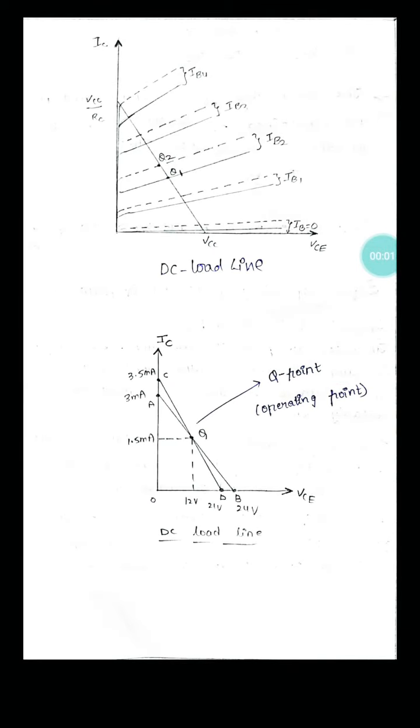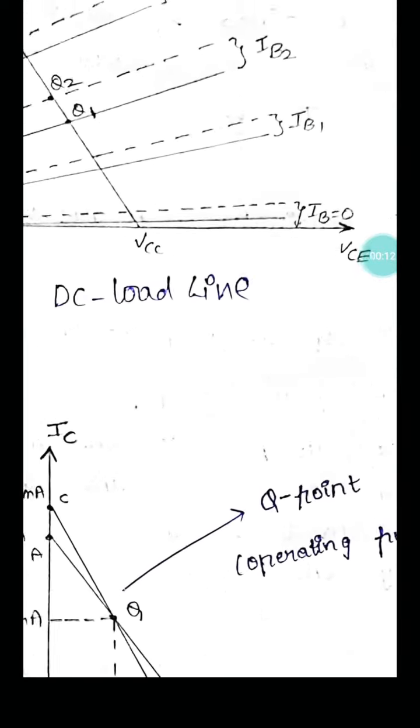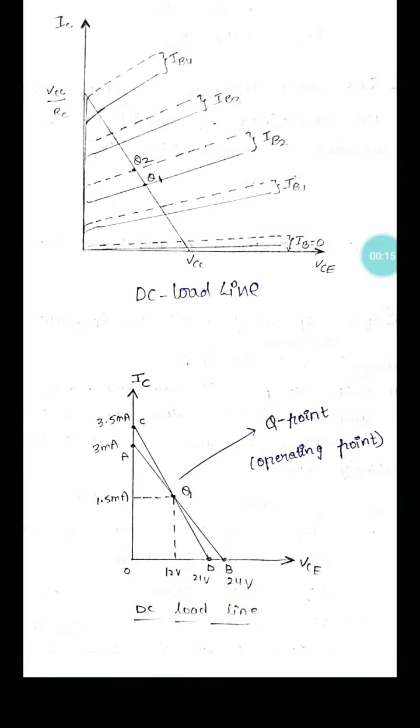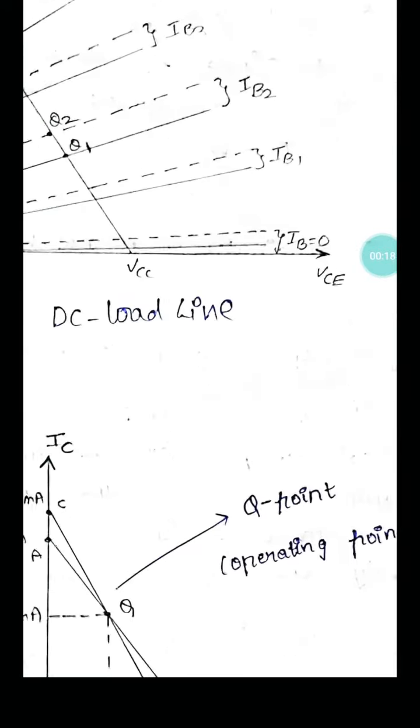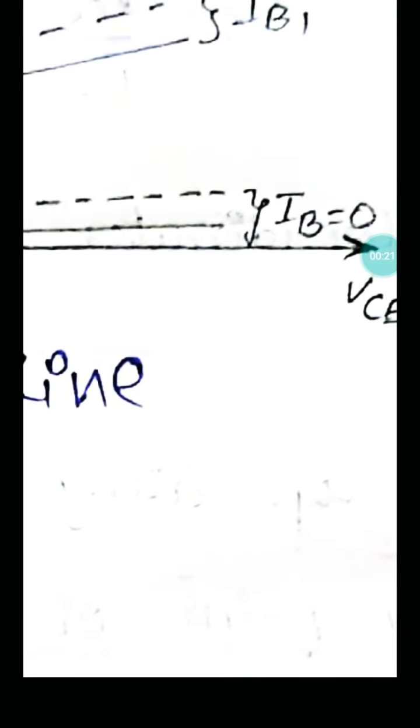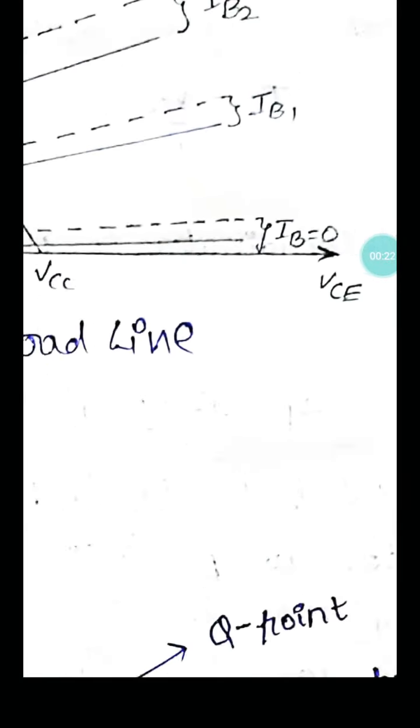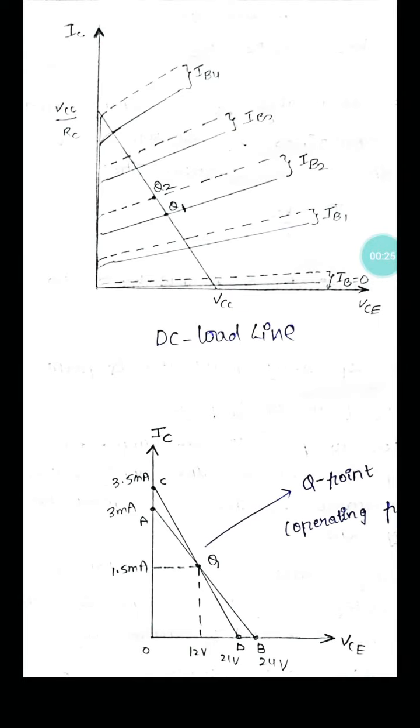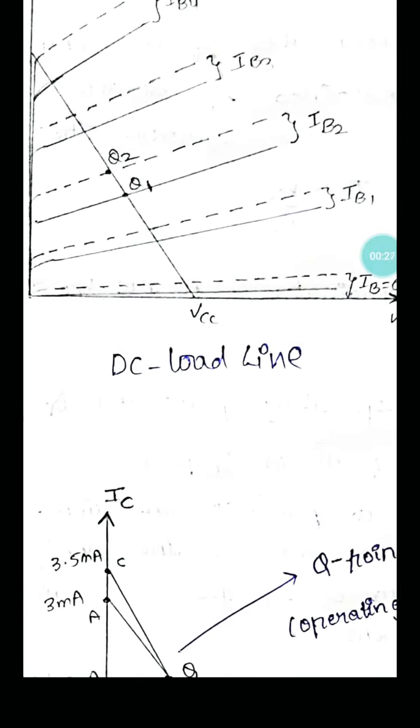Yes, now here you can observe transistor output characteristics. Now we can draw a graph between VCE and IC for different values of input current, that is IB. Now we can draw one line between VCE and IC for IB equal to 0.